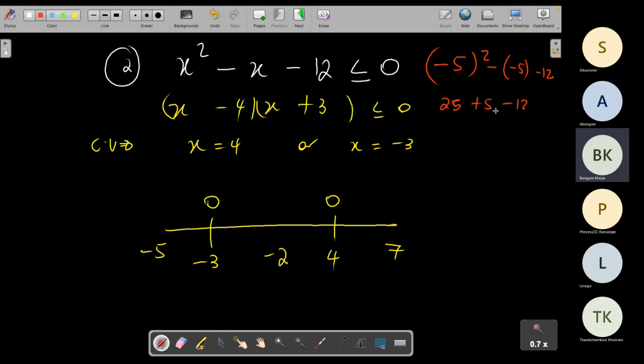Are we still together here? And then this is 30 minus 12. This is a positive number. So that means on this side I'm going to get a positive sign. Let's use -2. So we have -2 squared minus -2 minus 12.